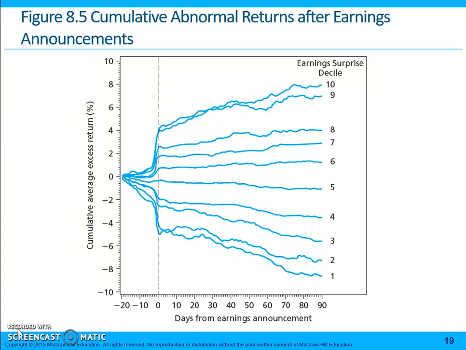We can see when a stock has a positive earnings announcement surprise, that price drift continues long after the announcement. The significant price increase is right at the time of the announcement, or even just before. That certainly implies that there's a potential for insider trading.